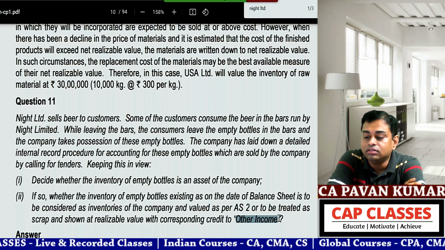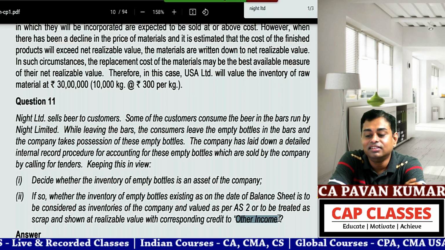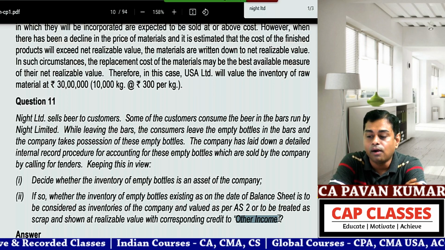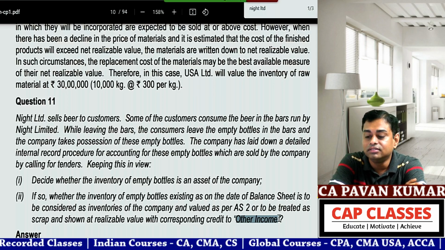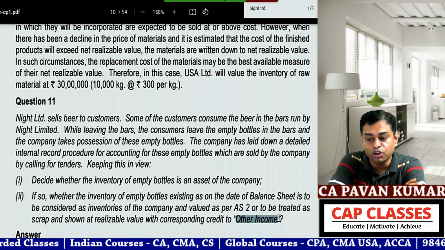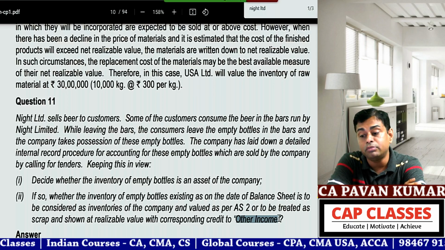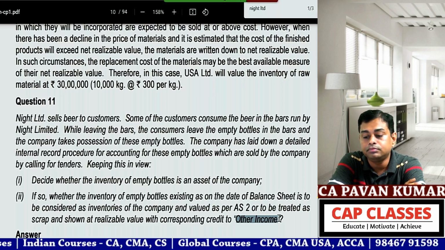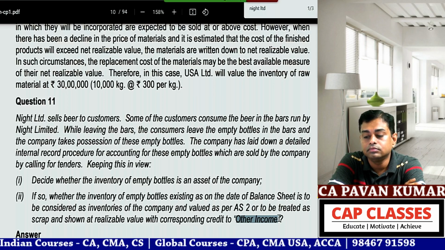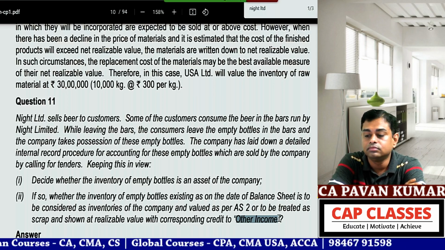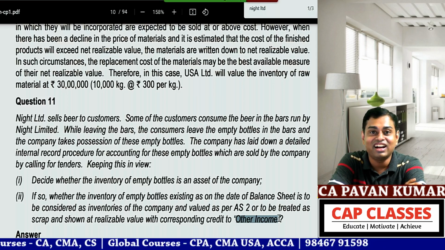So answer bolo. Do you think it is other income or operating income? Do you think Accounting Standard 2 inventory valuation should be followed? All variety of answers will come now.